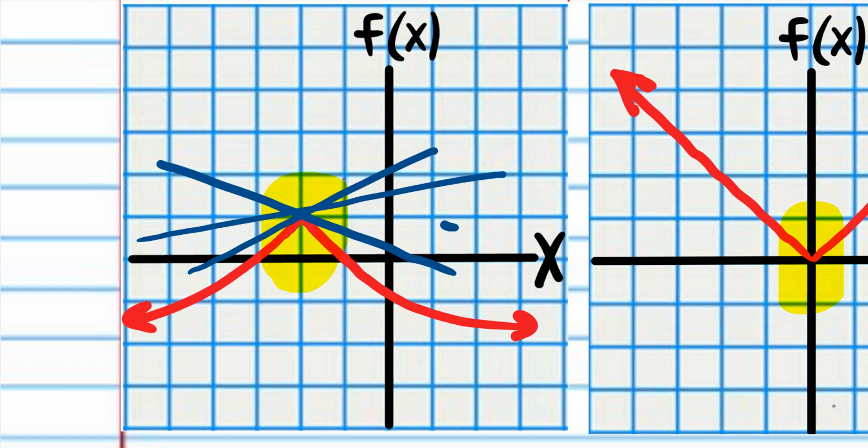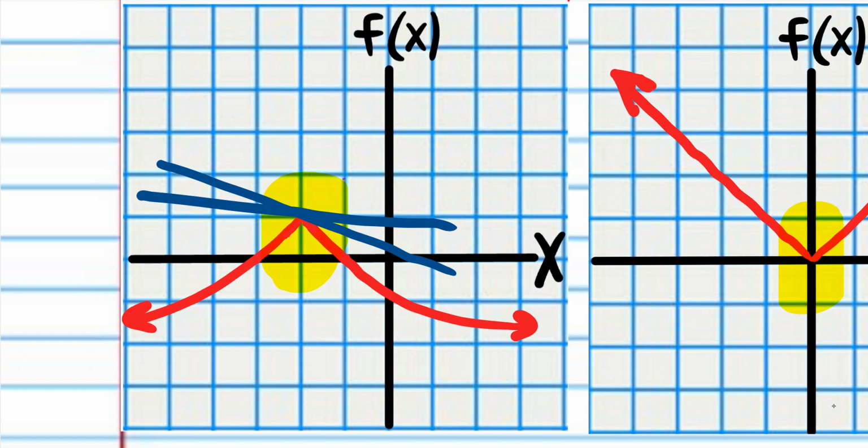There's actually an infinite number of ways that we can draw a line that is tangent to the graph at that point. So the tangent line is not really clearly defined. So that's why the derivative actually does not exist at that point. I know that's kind of weird to think about.